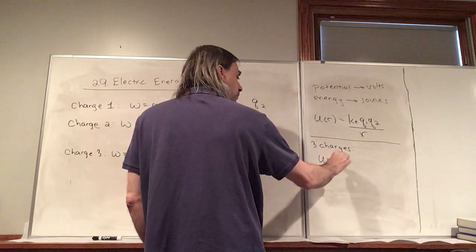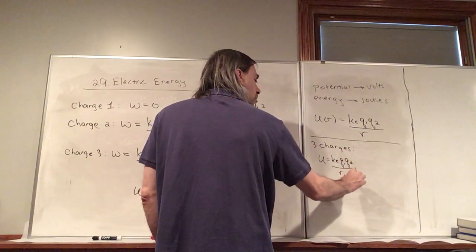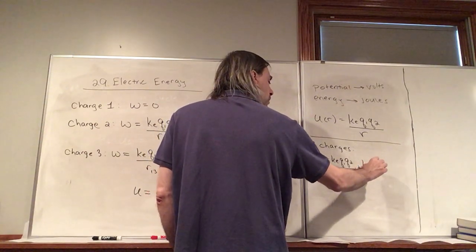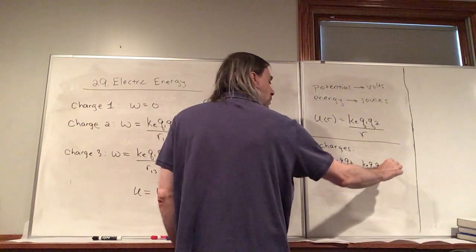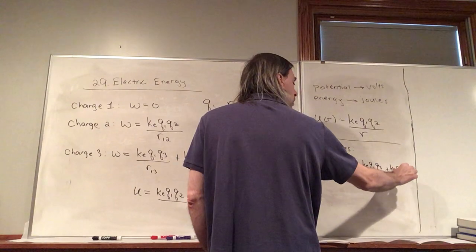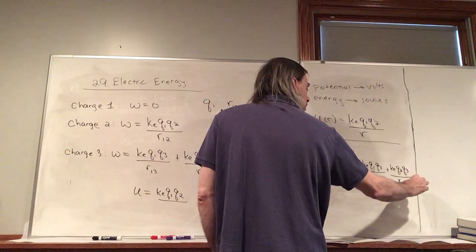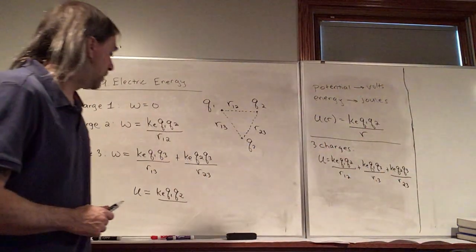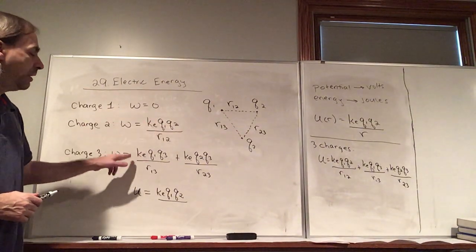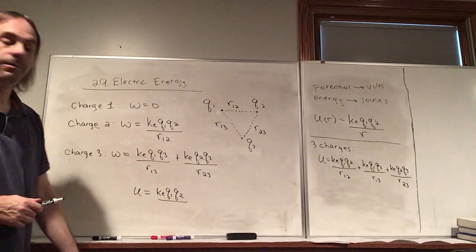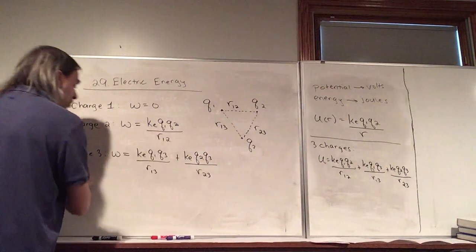Basically we have this term, Ke Q1 Q2 over R12. Then we add this one, so 2 more terms. So if there's 3 charges, that would be the energy of the configuration.